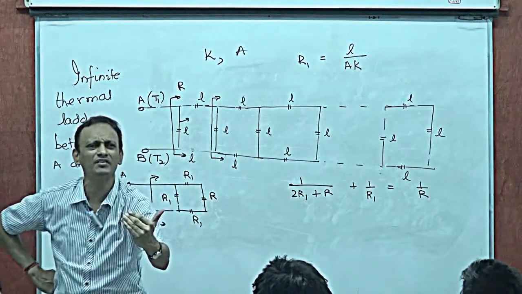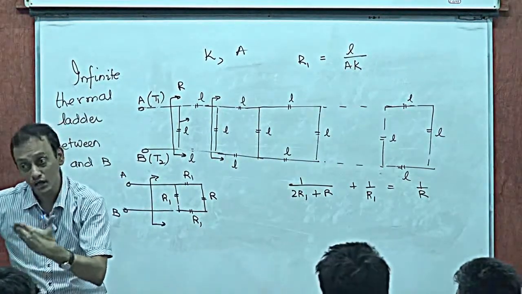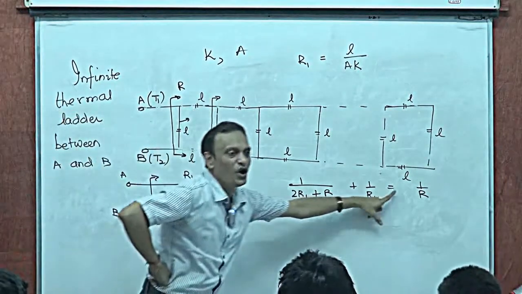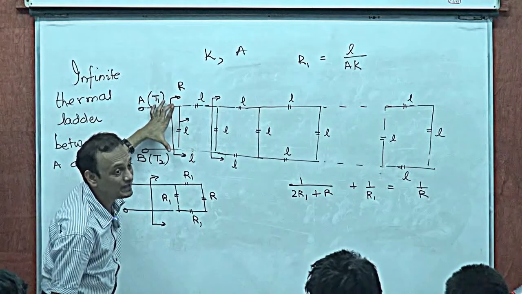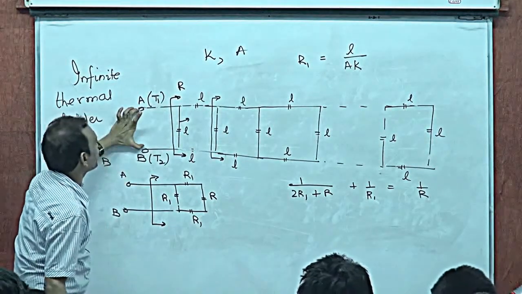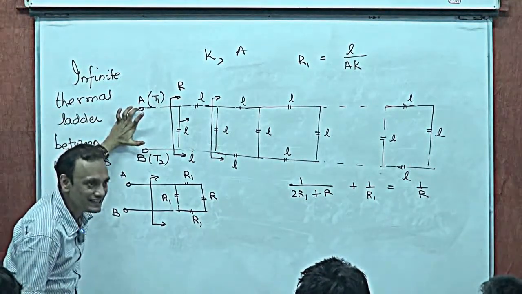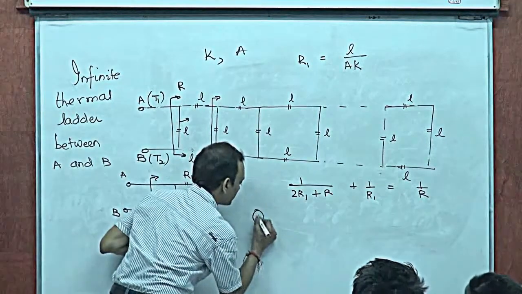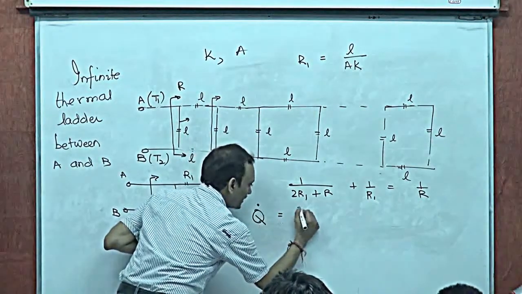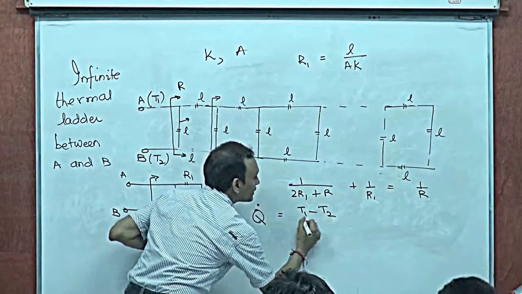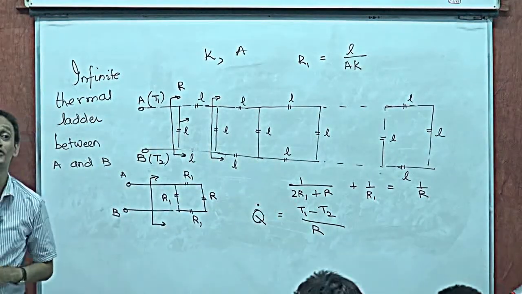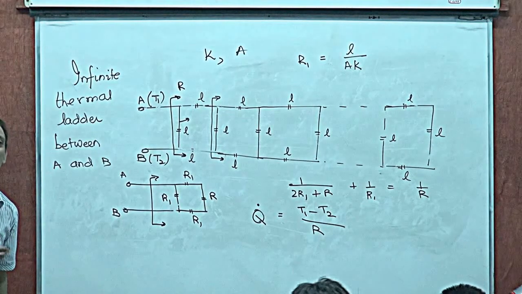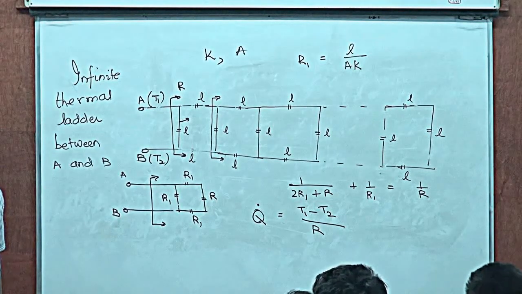You will get a positive R and a negative R. You take the positive R. So you would know R, the equivalent thermal resistance of this network across A and B, where the potential difference applied across A and B is T1 minus T2. So then the heat current would be T1 minus T2, delta T, divided by the thermal resistance R across the network. So this will give me the heat current entering A and leaving B, right?